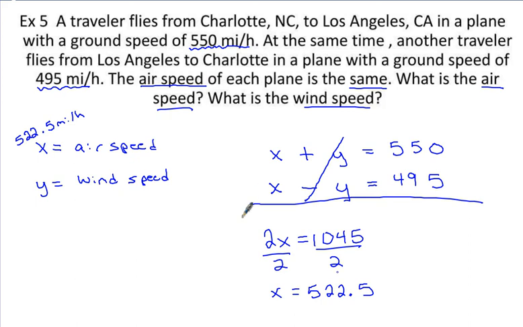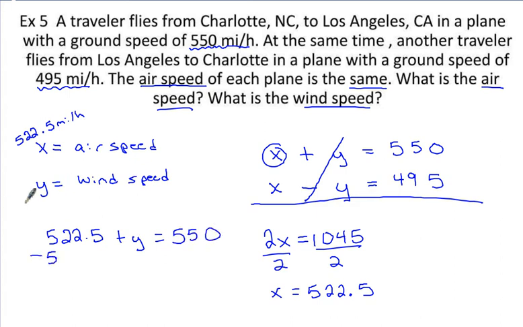Right. The wind speed that's out there is going to be, take this, plug it into, guys, plug it into the easier equation. The easier equation would be the one with the plus in it. So I'm plugging in right here to this x. 522.5 plus y equals 550.